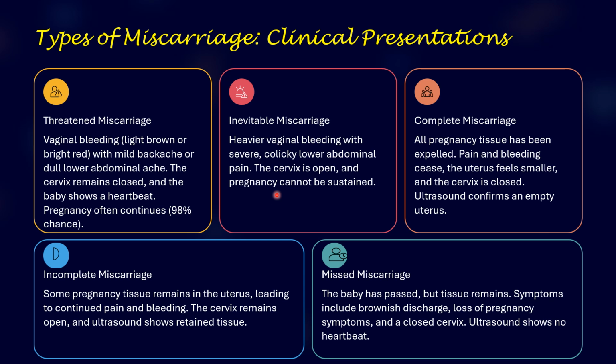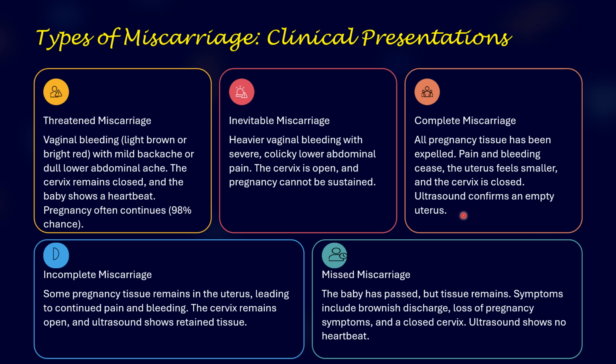It is inevitable, the pregnancy will not continue. Next, complete miscarriage: all the pregnancy tissues have been expelled, the fetus and the tissues. The pain and bleeding cease, the uterus feels smaller and the cervix is closed. When you do an ultrasound, it confirms that the uterus is empty.